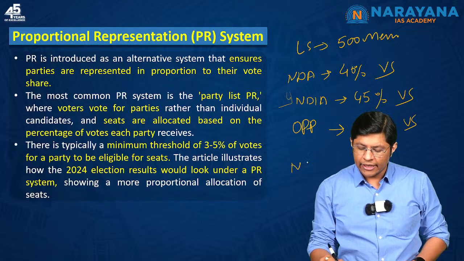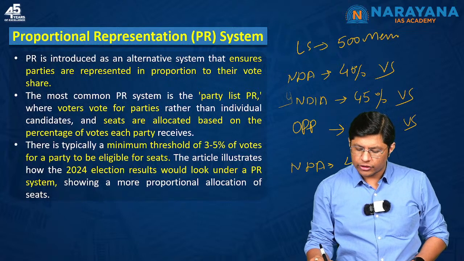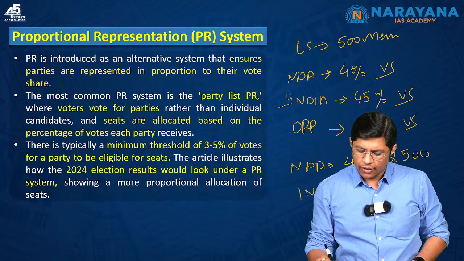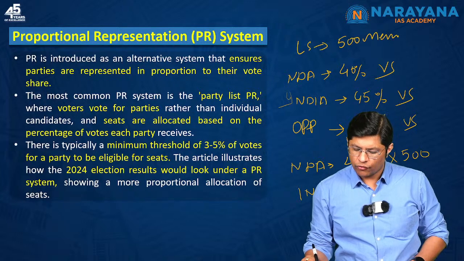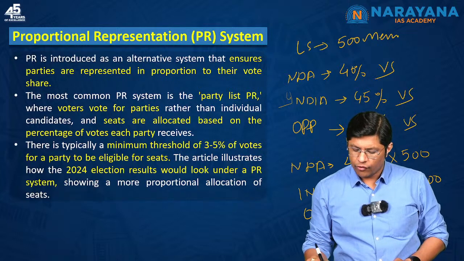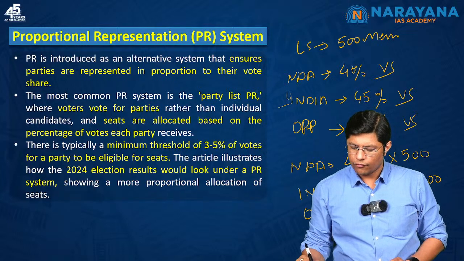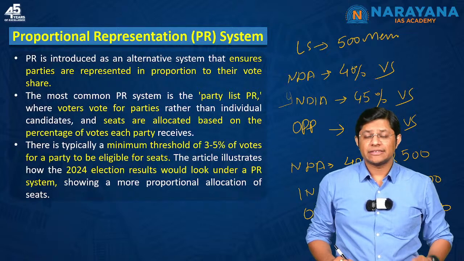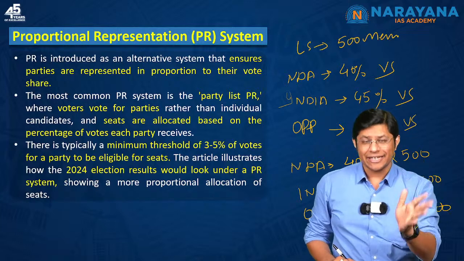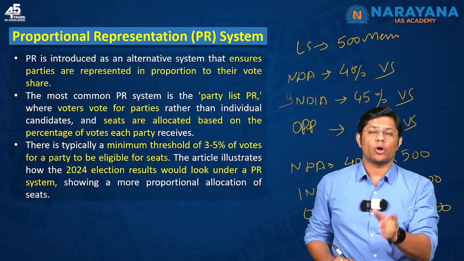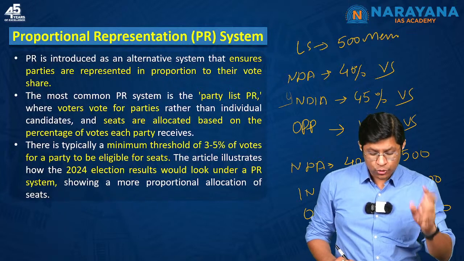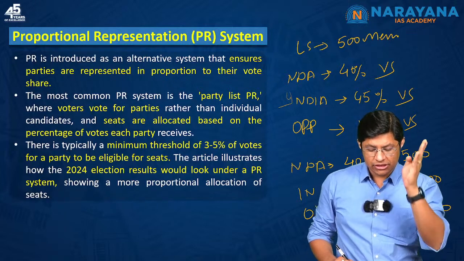Which means NDA will be getting 40% of 500, the India bloc will be getting 45% of 500, and the other political parties will be getting 15% of 500. Which means in the proportional representation system, the political parties would be getting seats based on the percentage of vote share. This is known as the proportional representation system.